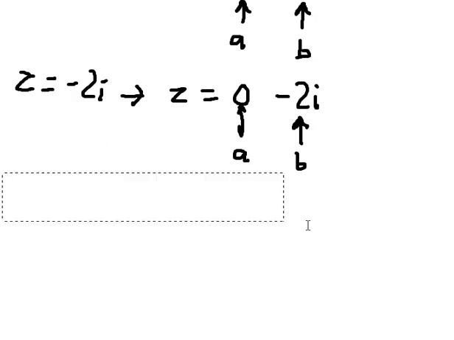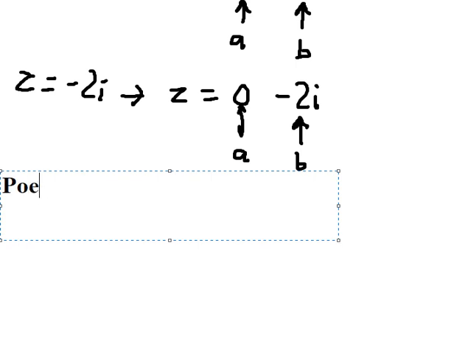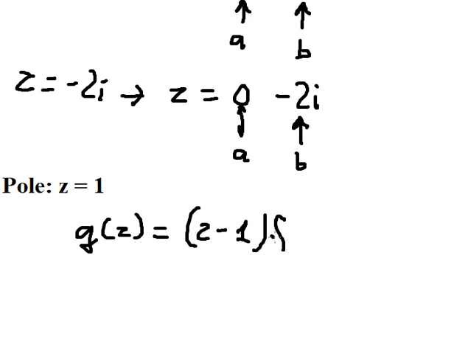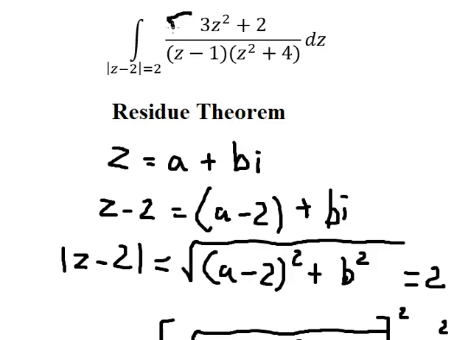Now let's consider the pole z equals 1. In this situation, we have g of z equals z minus 1 multiplied by f of z. f of z is this one.